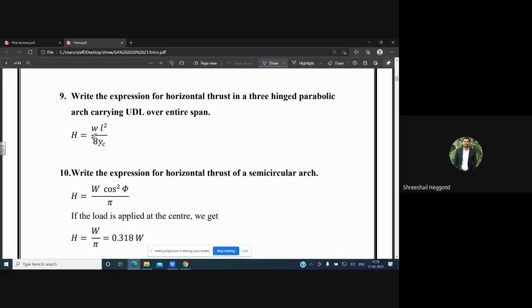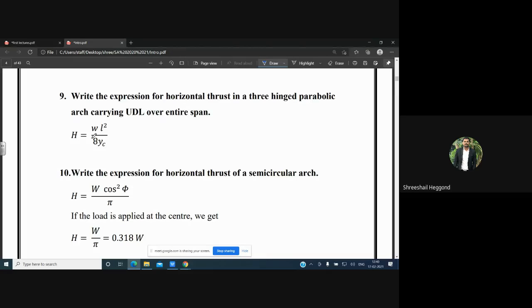Note down the equation: if a uniformly distributed load is there on the entire span of a three-hinged arch, the horizontal thrust can be calculated as WL square divided by 8 Yc, where Yc is the central height, the perpendicular distance between the level of support and the chord height.